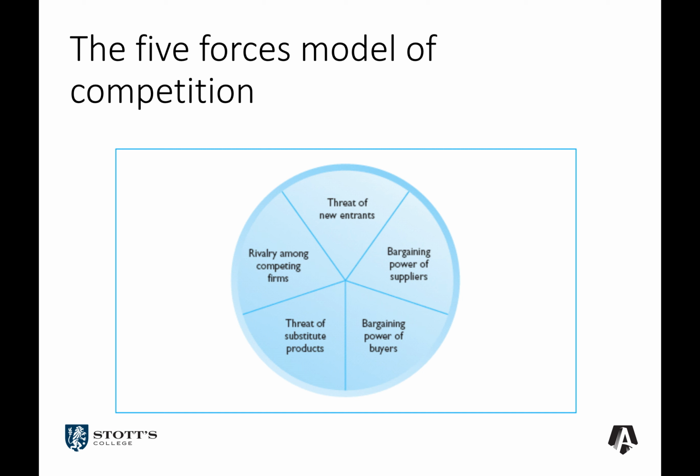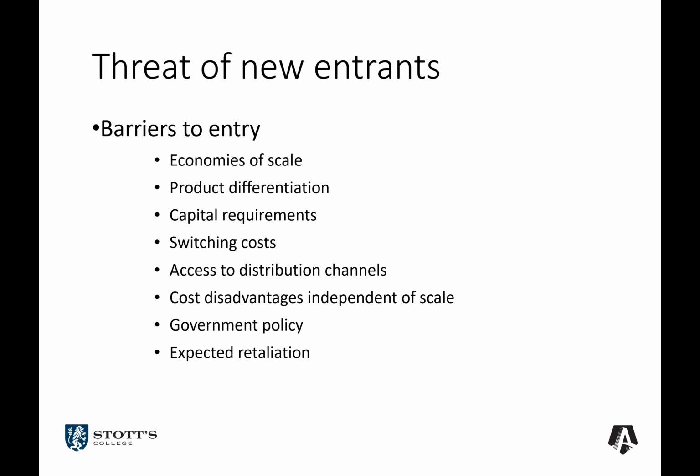The 5 forces are rivalry among competing firms, threat of new entrants, bargaining power of suppliers, bargaining power of buyers, and threat of substitute products. Threat of new entrants is influenced by the nature of the barriers to entry.